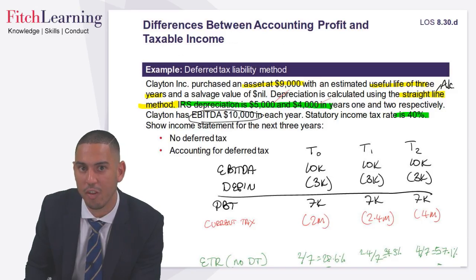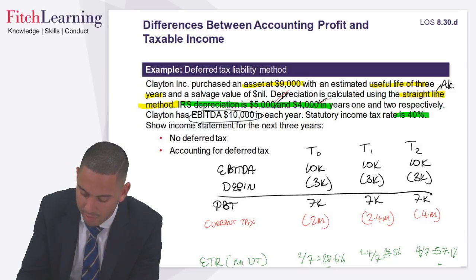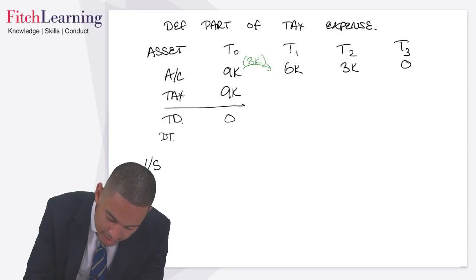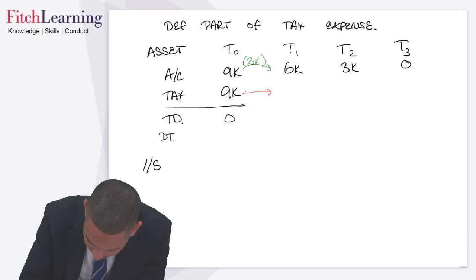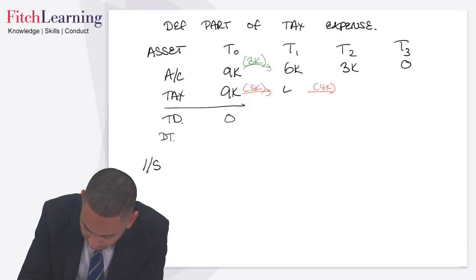Whereas the tax authority says deduct 5K in the first year and then 4K in the year after. So this asset is going to go from 9, then minus 5K, minus 4K. So it's going to drop down to 4K.